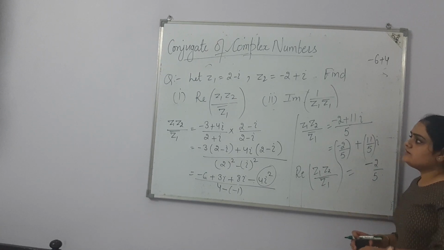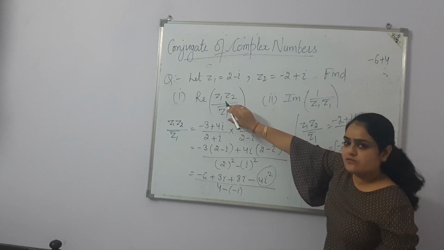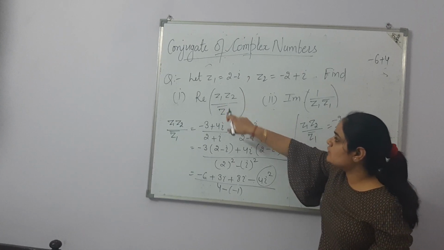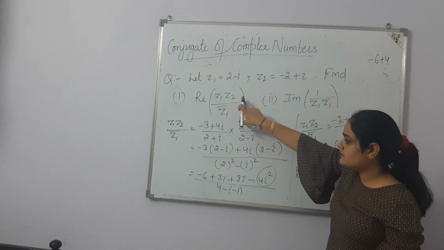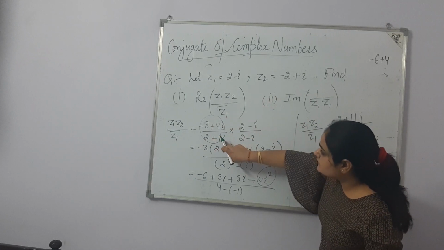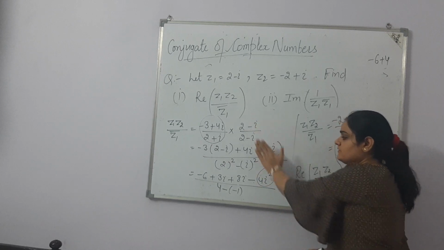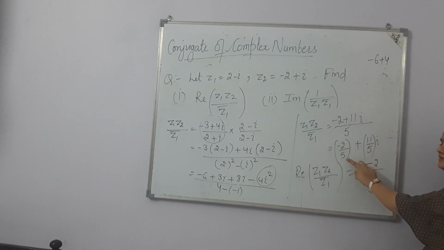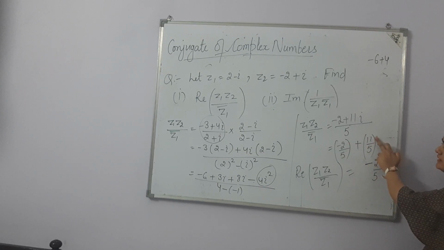So what we did, we just found z1 z2. First of all, we'll find z1 z2 and then we'll find z1's conjugate, and then we'll divide it. After division, we'll get this term, but there was an iota in the denominator, so we rationalized it. After rationalization of the denominator, what do we get? We get the value minus 2 by 5 plus 11 by 5 iota.